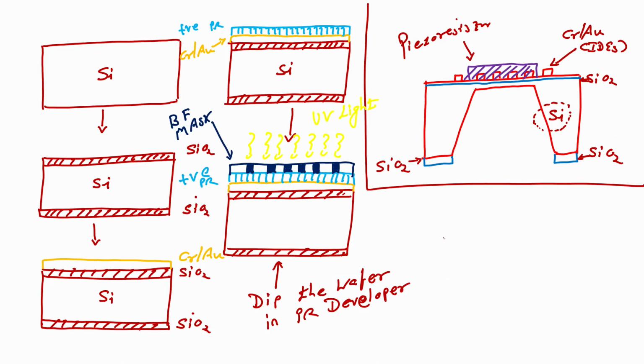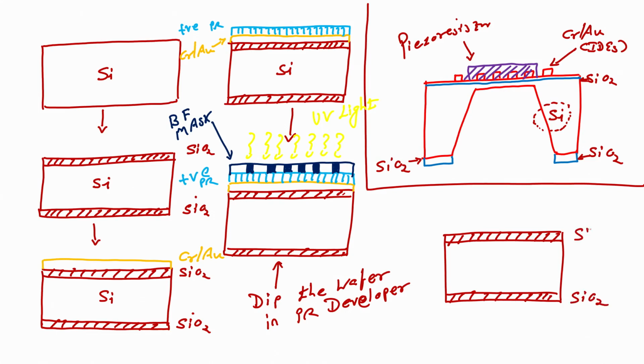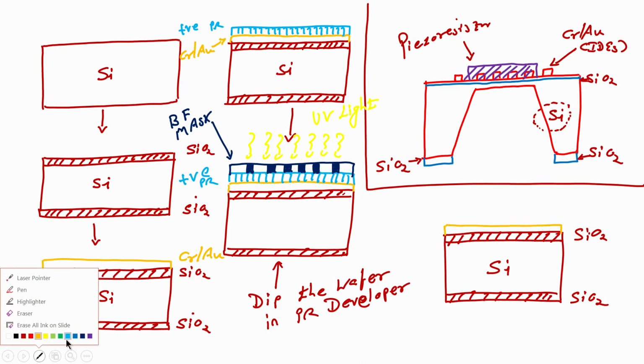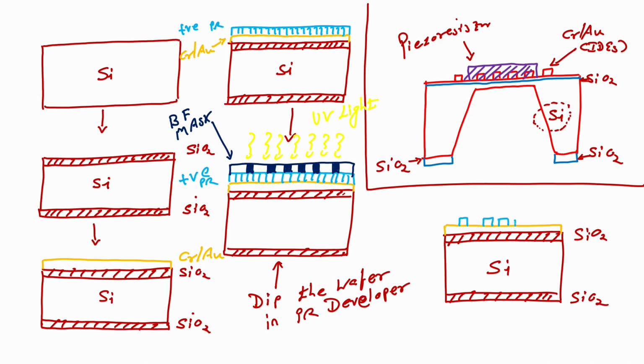So, when you dip this wafer in a photoresist developer, what you will have? You will have an oxidized silicon wafer, on that there is chrome gold, on that you have photoresist, but this time the photoresist is developed.